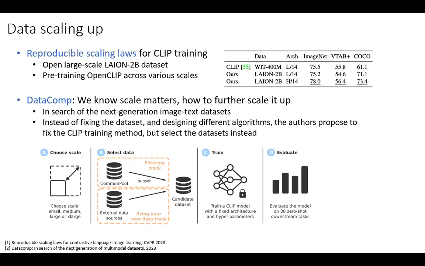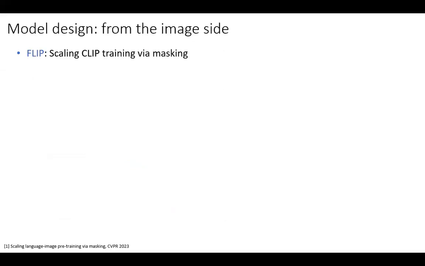You just provide the dataset, and the dataset will go through the fixed training method, and you are going to play the game of selecting the data rather than the game of selecting the model. By the end, the authors come up with a large-scale dataset that has high performance, for example, in zero-shot ImageNet.